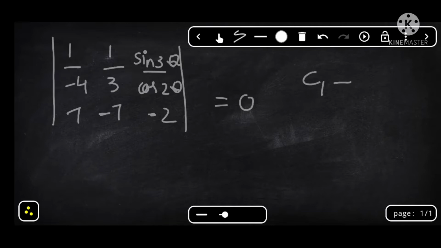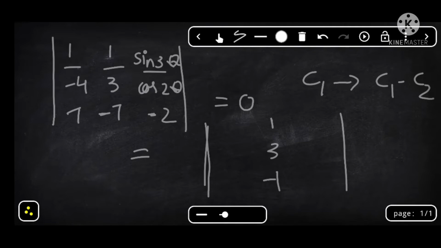C1, we are changing it as C1 minus C2. Okay, so what will we get in this determinant? C2 is the same and C3 is the same, right? Because we are only changing C1. Okay, so this is cos 2 theta and this is minus 2.